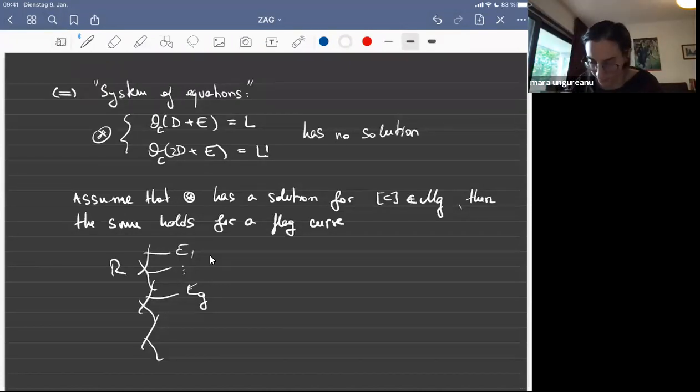So if the system has a solution for a general curve, then this very nice theorem by Farkas tells you that this has to also be true for this guy.